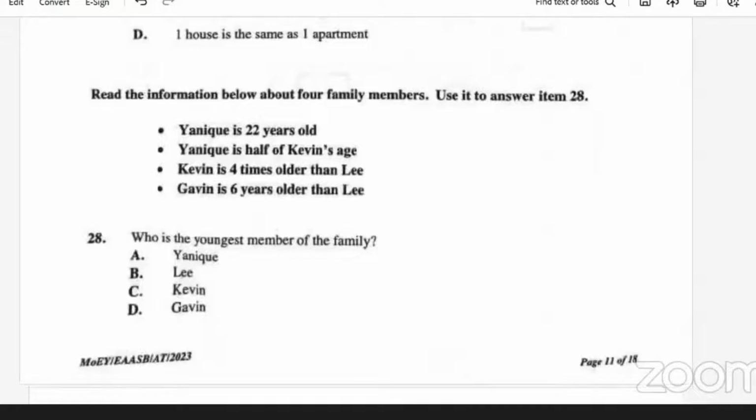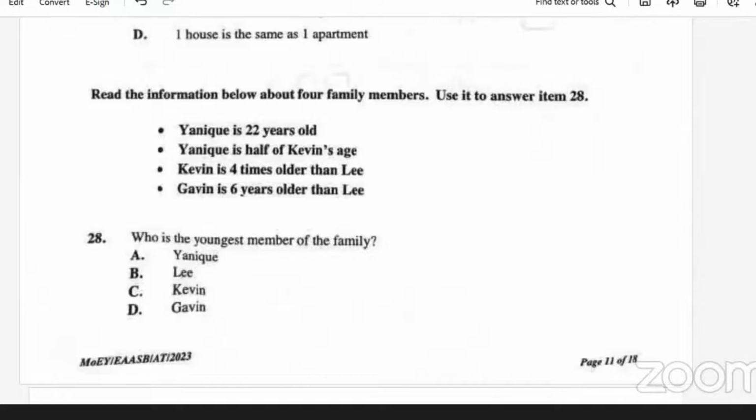Now we're going to read the information below about 4 family members. Use it to answer item 28. Yannick is 20 years old. Yannick is half of Kevin's age. Kevin is 4 times older than Lee, and Gavin is 6 years older than Lee. Who is the youngest member of the family?